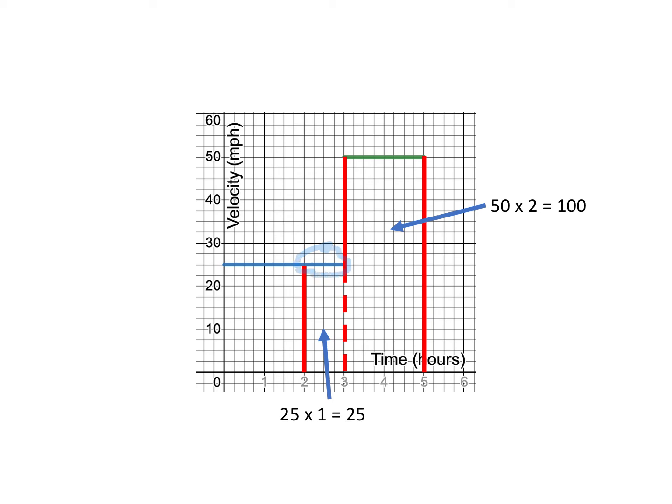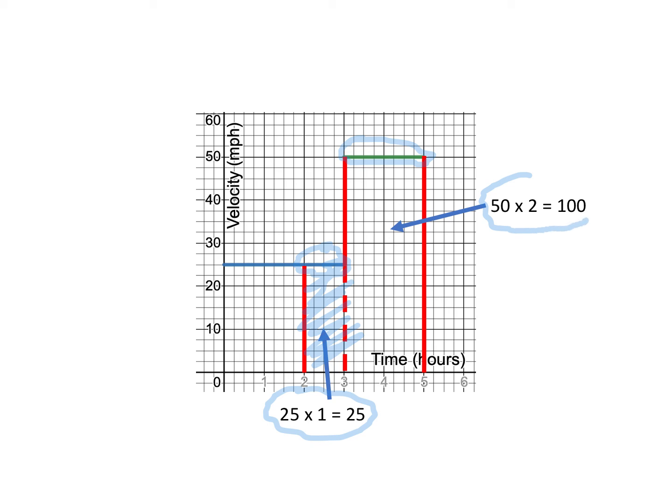And from 2 to 3 is 1 hour. So 25 times 1, or the area under this portion of the curve right here, is going to equal 25 miles. Now from 3 to 5, he travels at a constant speed of 50 miles per hour. But from 3 to 5 is 2 hours.